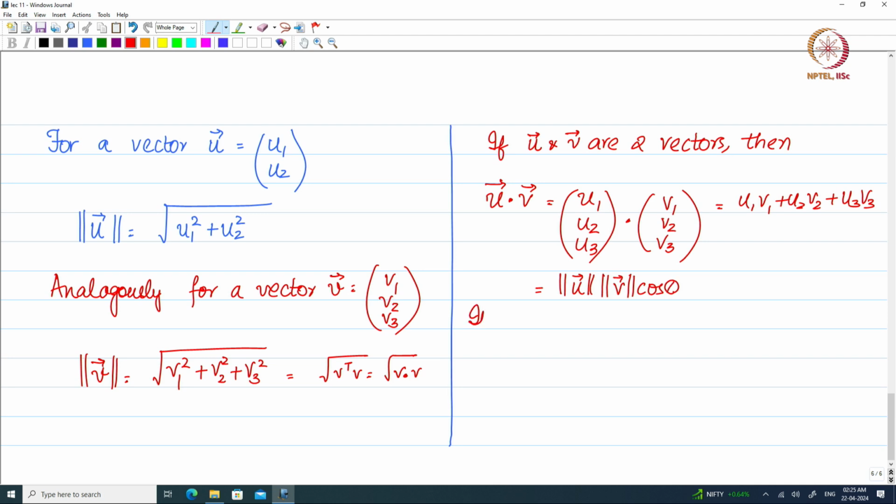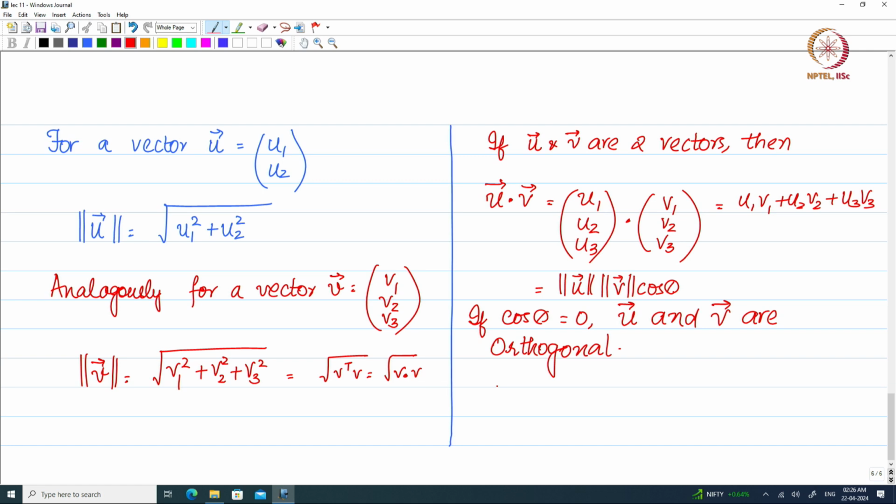If the same definition holds good, if cos theta is 0, then u and v are orthogonal. We use the same idea that we studied in 2 dimension to figure out whether 2 vectors in 3D are orthogonal or not.